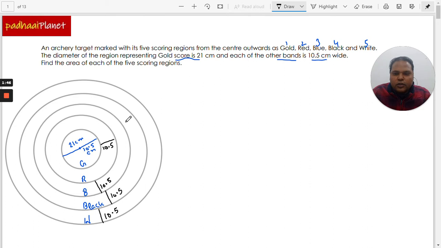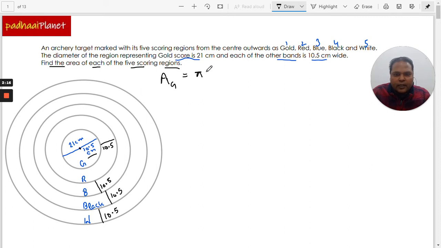So each of these bands is 10.5 centimeters wide, and the innermost gold region has a radius of 10.5 centimeters. Now we need to find the area of each of the 5 scoring regions. Let's find the area of the gold region first, and that's very simple.